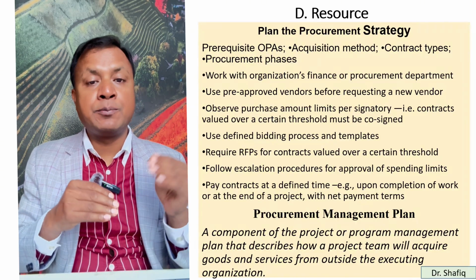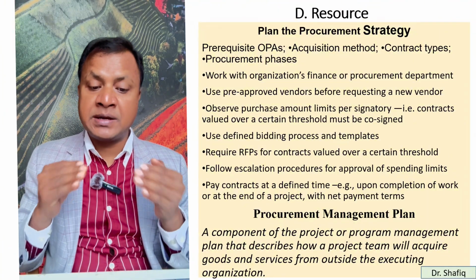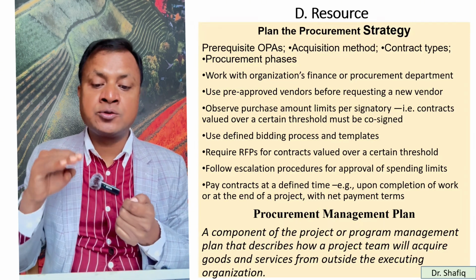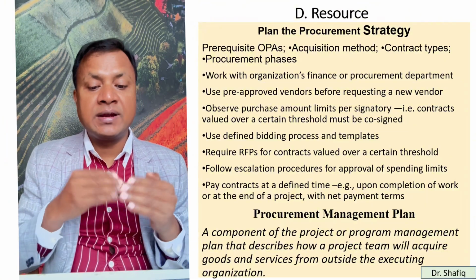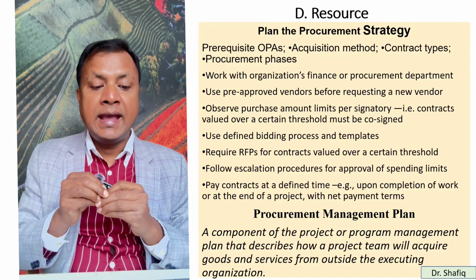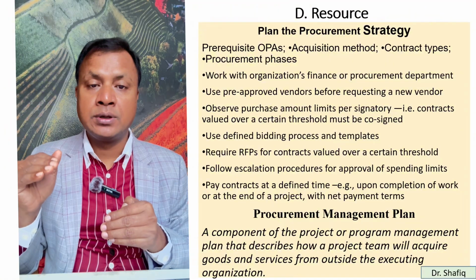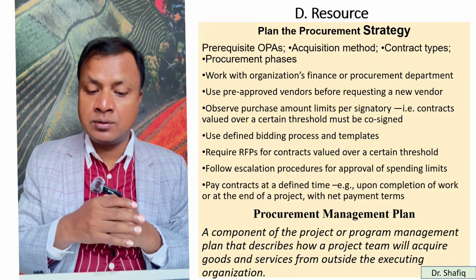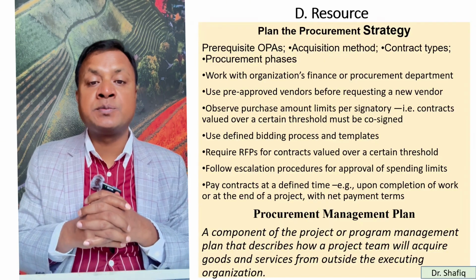Whether we will use pre-approved vendors before requesting a new vendor, or we should observe purchase amount limits by signatory. Contracts valued over a certain threshold must be co-signed. So we will use different kinds of templates and bidding processes, and that should be fixed. And we require requests for proposals for contracts valued over a certain threshold. If it is over a certain threshold, we have to consult with the higher team and follow the escalation procedure for approval of spending limits.